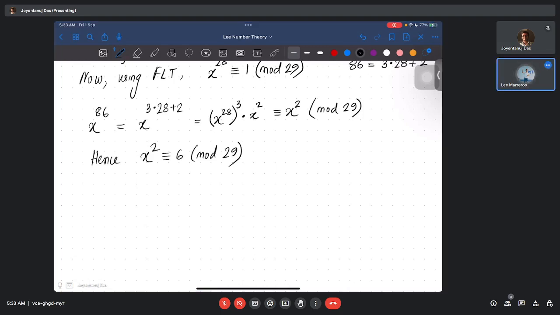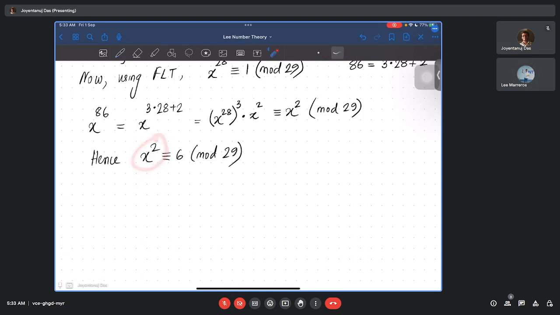Repeat that last part. Yes, what I'm saying is that the power is now significantly reduced. We only have x square on the left hand side, so we can manually check all the values. 29 is a small number, so it is from 0, 1 up to 28. We can put the values in one by one and check.